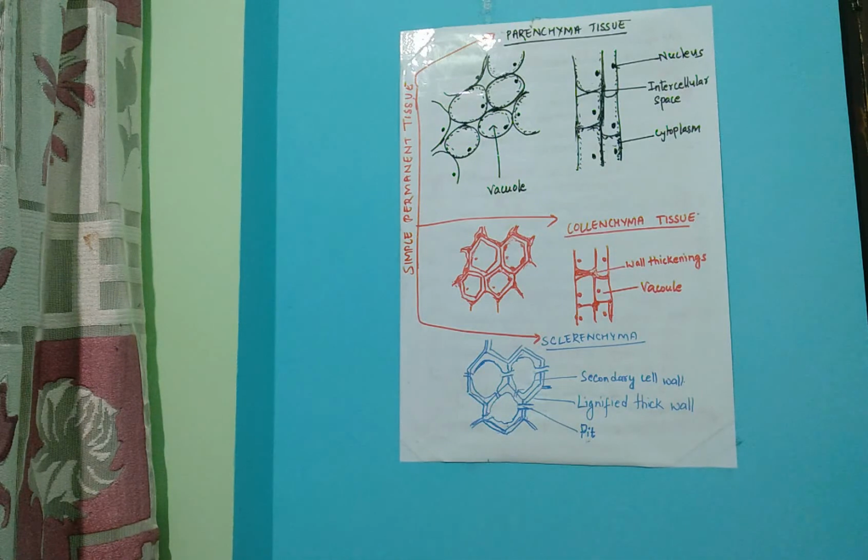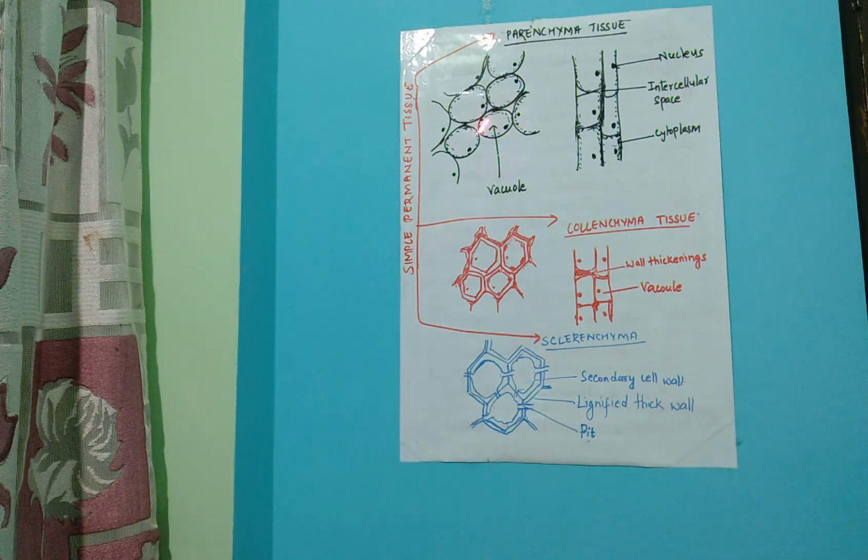Now, what is the main function of parenchyma tissue? It gives support to the plant. Okay, it is also known as storage tissue. Some of the cells of the parenchyma tissue contain chlorophyll. They are known as chlorenchyma.